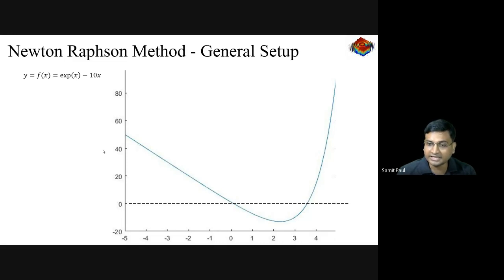It must contain 1 root in the bisection method. In the Newton-Raphson method, here also you need to supply an initial guess, a single value. Bisection method, 2 values were required. In Newton-Raphson method, you require only 1 value.